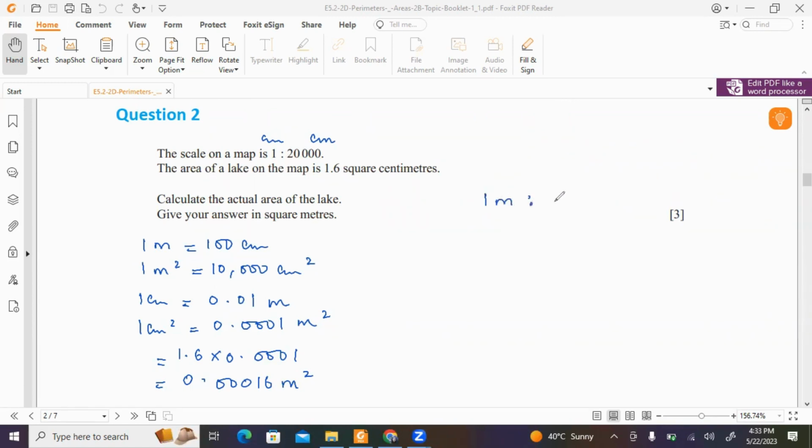So 1 centimeter to 200 meters. Now we squared it, so 1 meter square to 40,000 meters square.